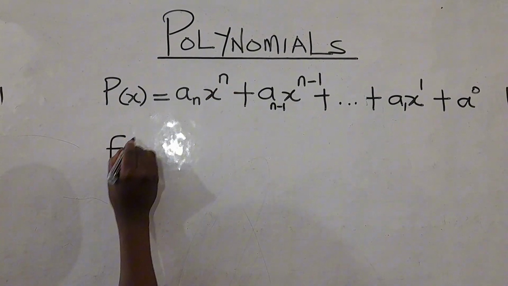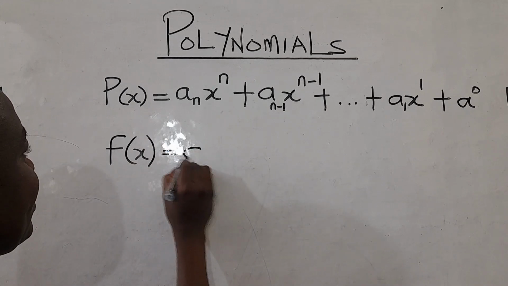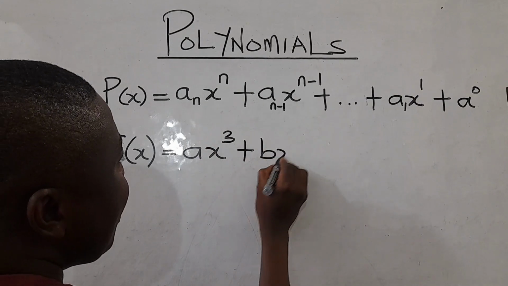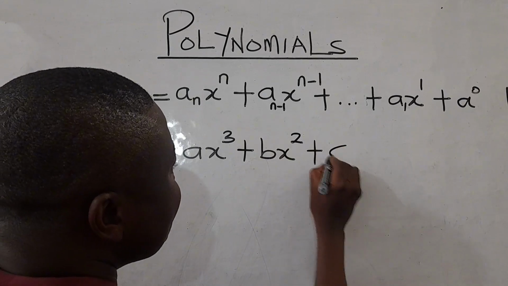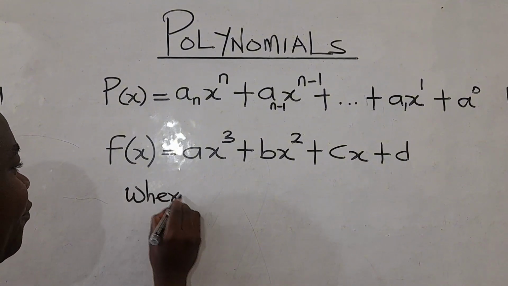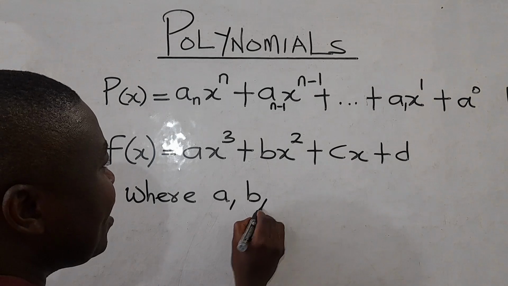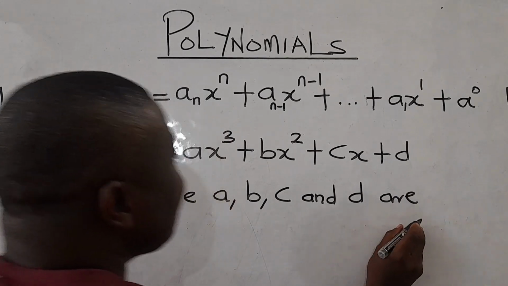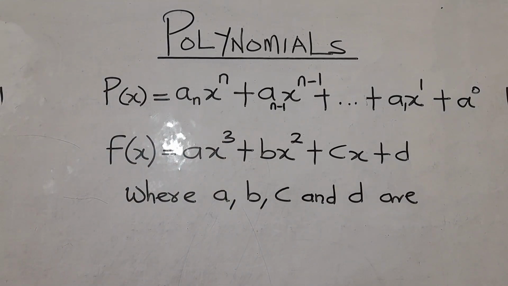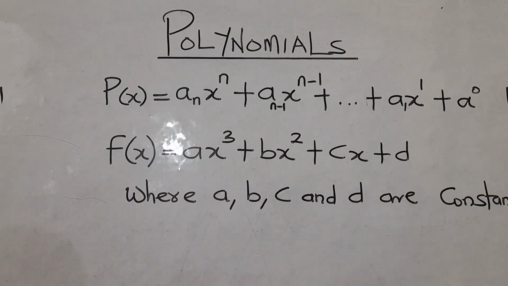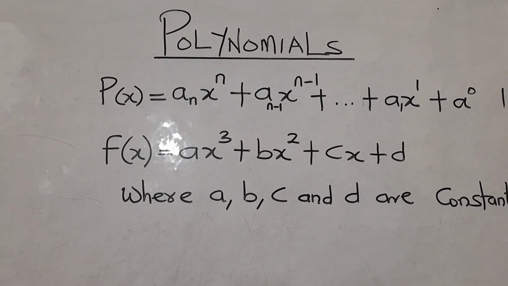So f of x becomes a x raised to power 3 plus b x raised to power 2 plus c x plus d, where a, b, c, and d are constants.